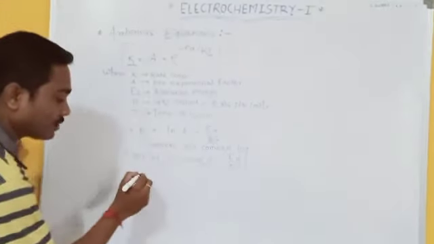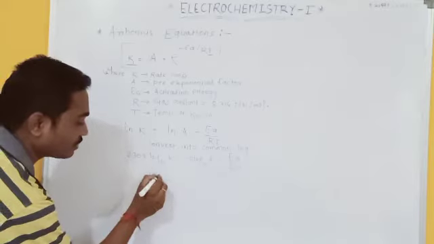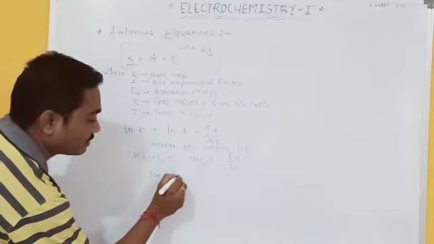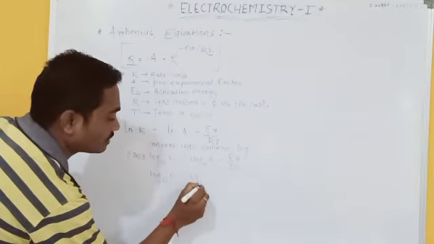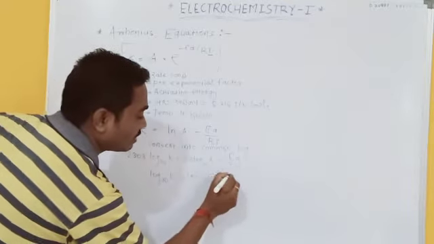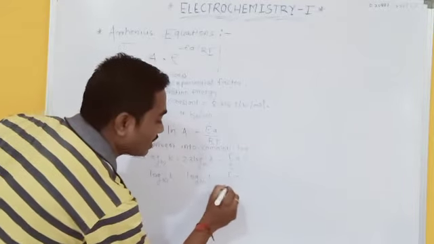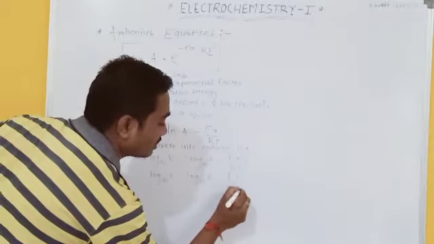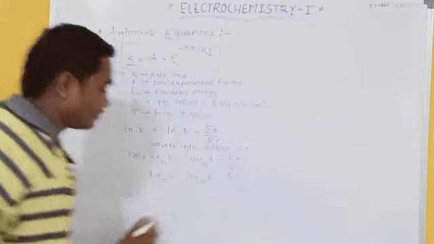Dividing by 2.303, the above equation becomes log to the base 10 of K is equal to log to the base 10 of A minus EA divided by 2.303 RT.